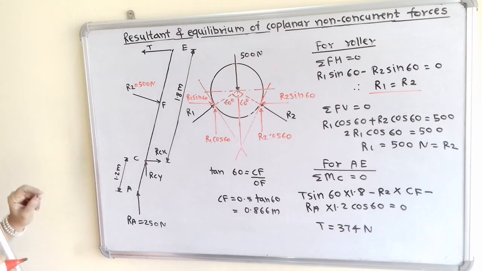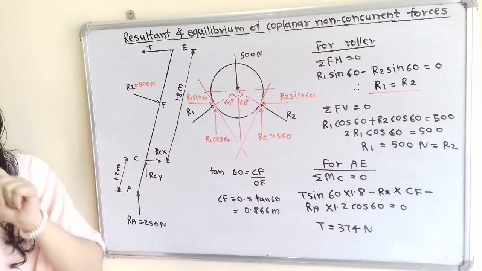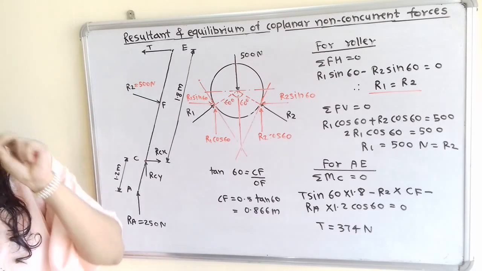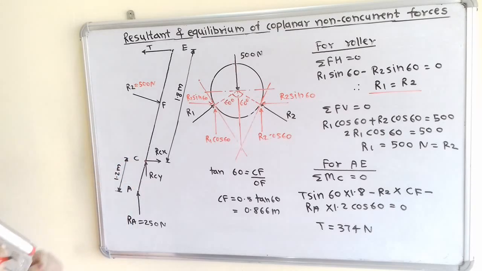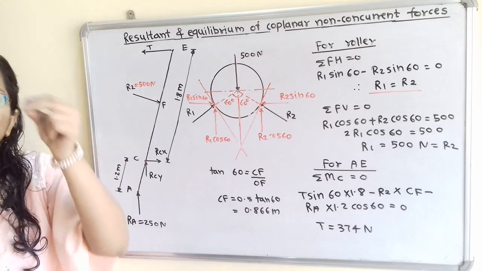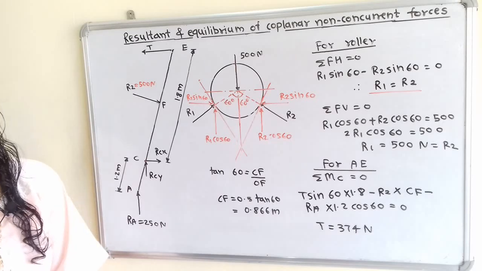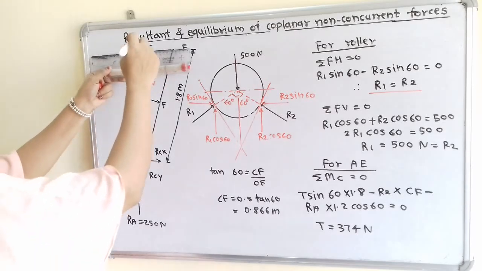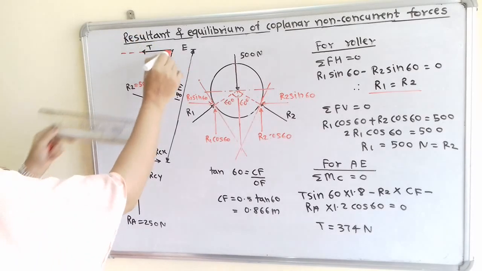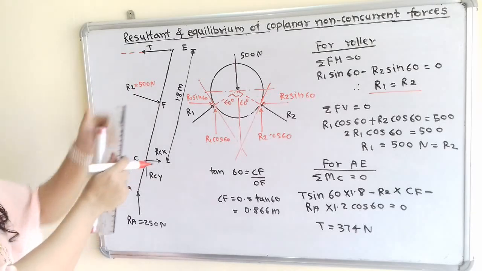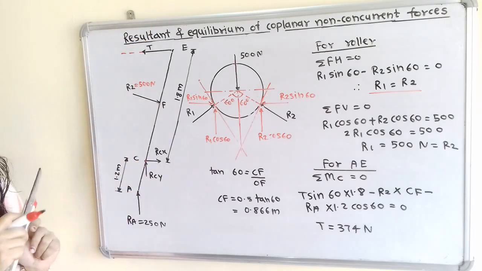Now we will move to the next, that is the first force T. So how to find out the moment about this point C? So we know that moment is force multiplied by perpendicular distance. So here is the line of action of this force T, that is the outward direction from the member AE.